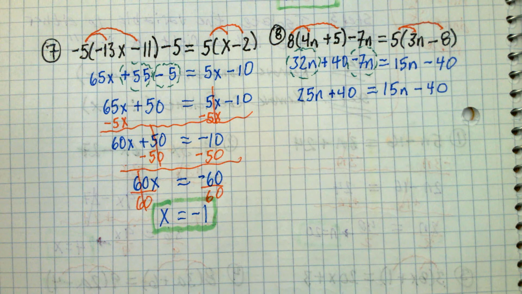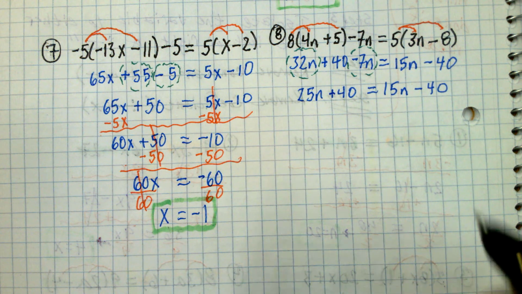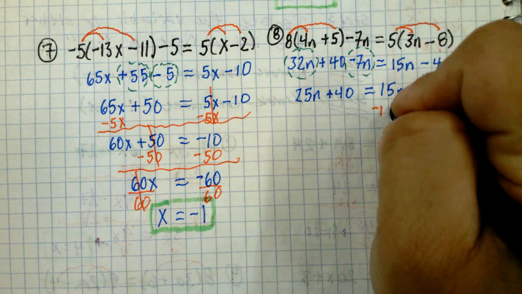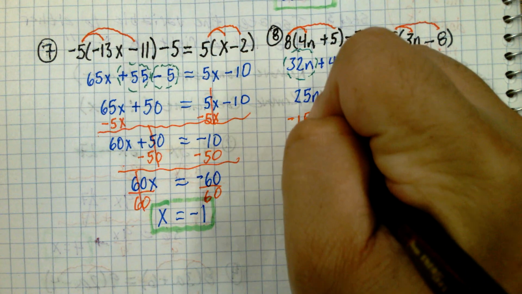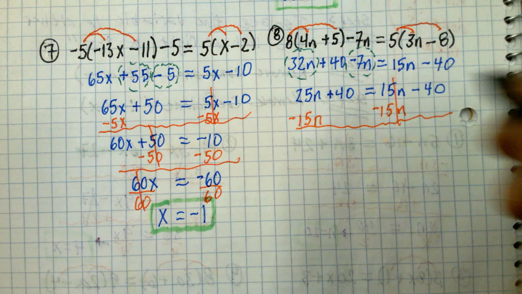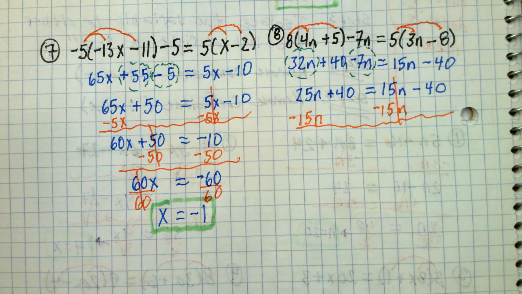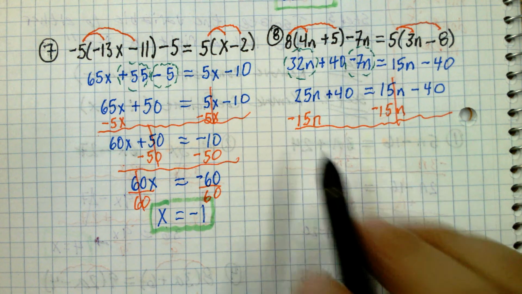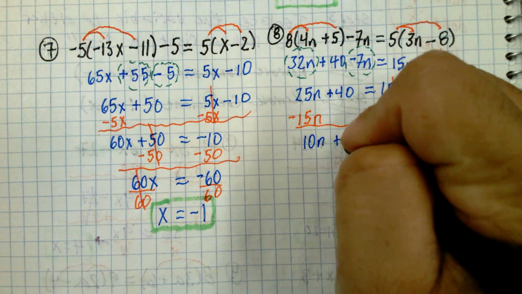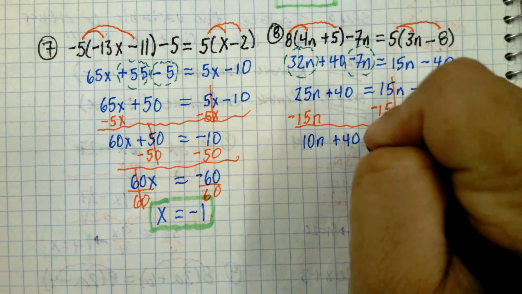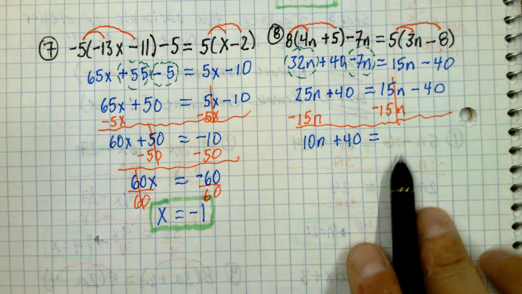Okay. It's looking to be something we can work with here. What should we do next? Yeah, let's take away the 15n. Minus 15n here, and line it up with a 25n there. Cancel this. 25 take away 15 is 10n plus 40 equals, bring down the negative 40.